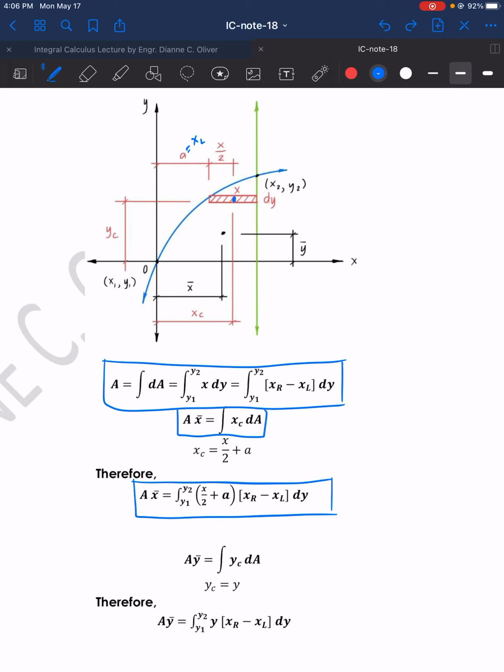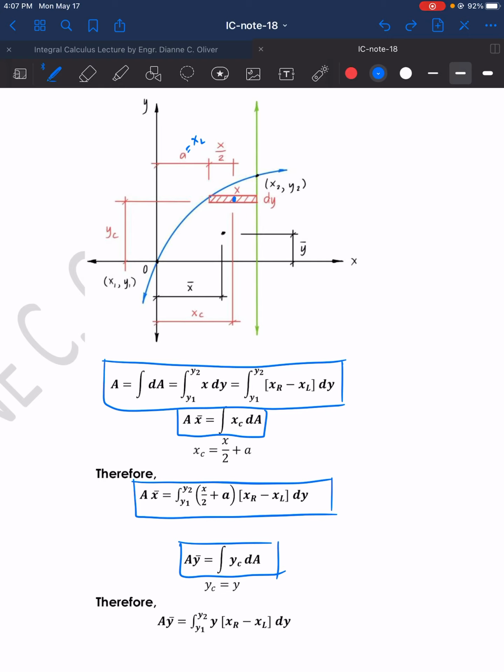Now for the general formula for y bar, we have A y bar is equal to the integral of yc dA, yc being the distance of the center of the area strip from the point of origin along the y-axis, that is, yc is equal to y.